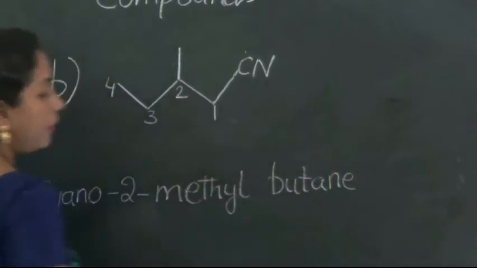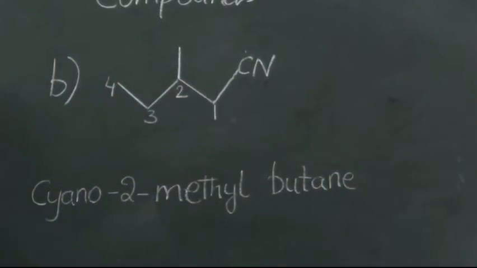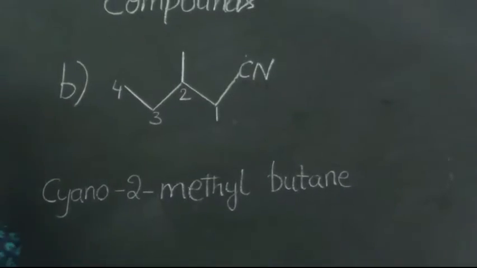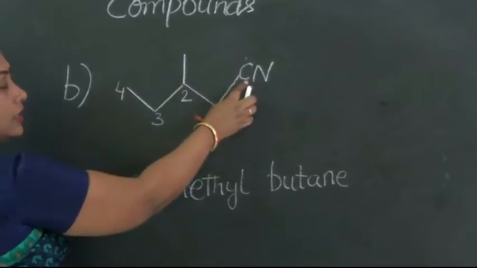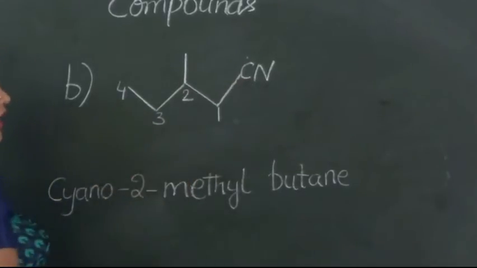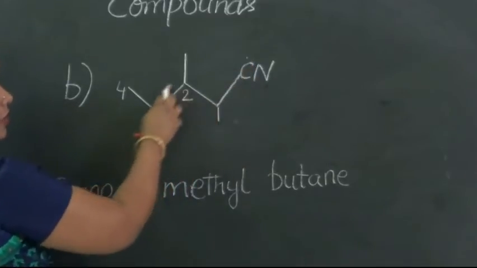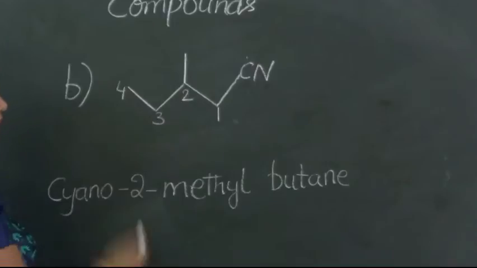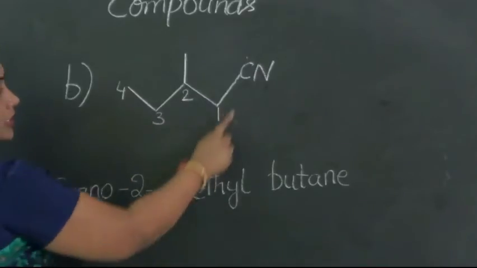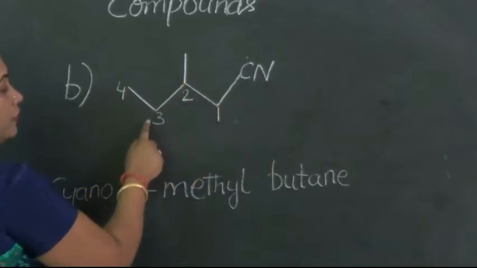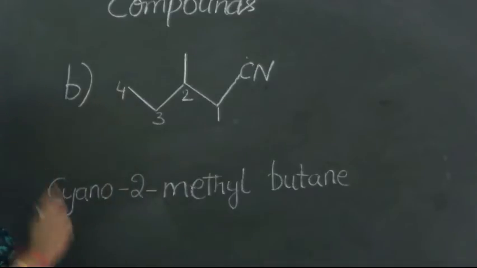Is there any other possibility of naming the same structure? Yes, we do have. In case we consider the carbon atom of the cyano group as belonging to the parent chain, then we would be counting this also. Therefore, our root word to be used is 1, 2, 3, 4, 5. 5 carbon atoms.